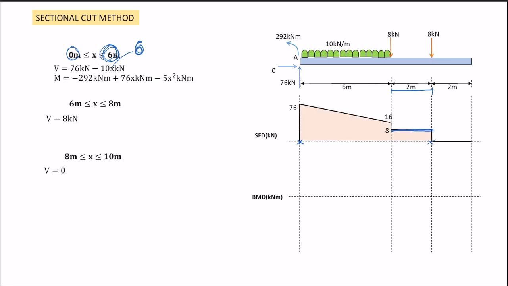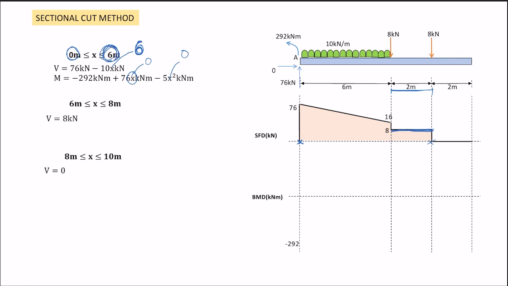For BMD, on the first boundary we have, which is 0 sampai 6 meter, masukkanlah value X ni, gantikan dengan 0. So, negative 292 plus 0 minus 0. So, tetap jadi negative 292.